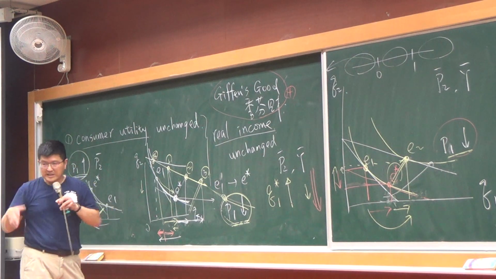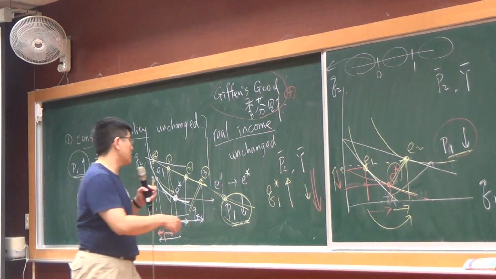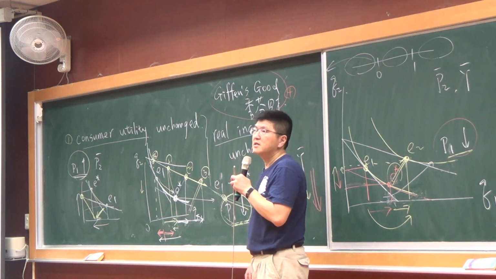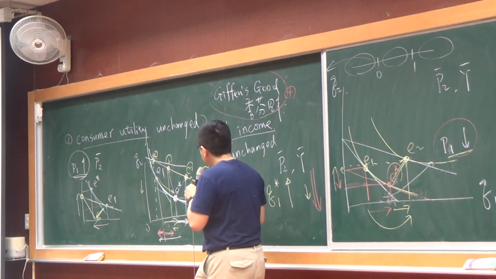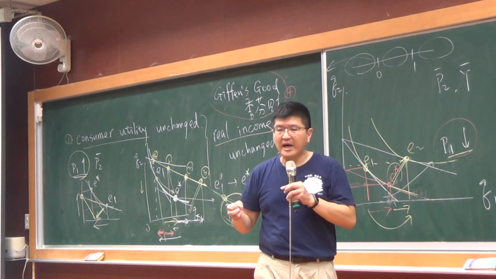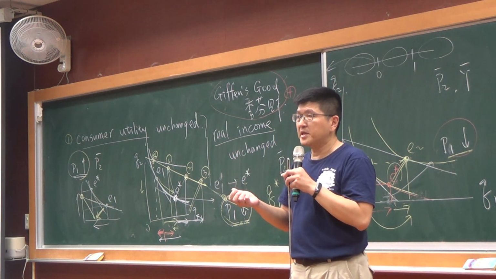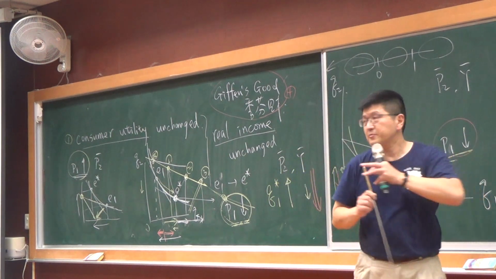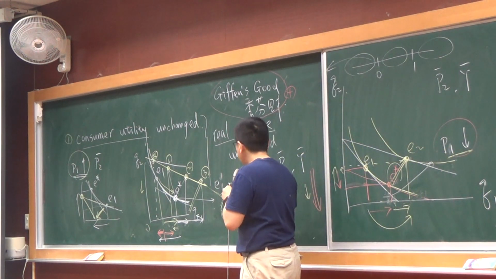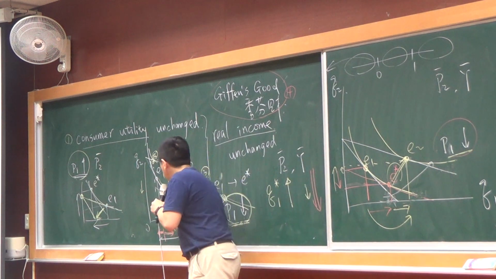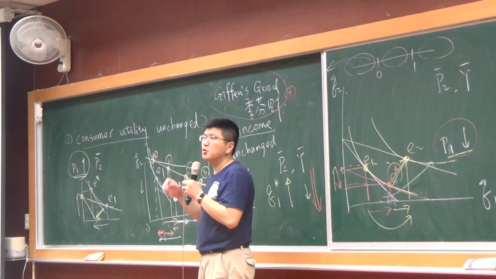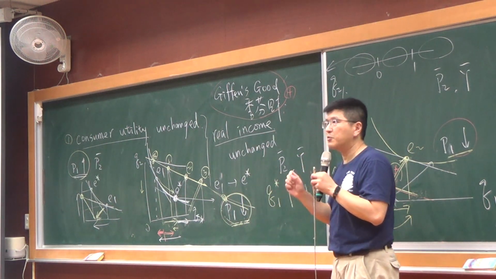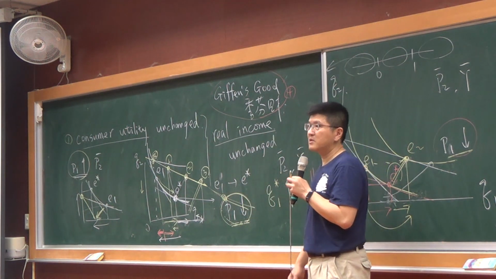So normally, when something's price drops, we will have a higher quantity demanded because we have a negative substitution effect which makes us consume more. And if it is a normal good, we have a higher purchasing power so that we consume even more.